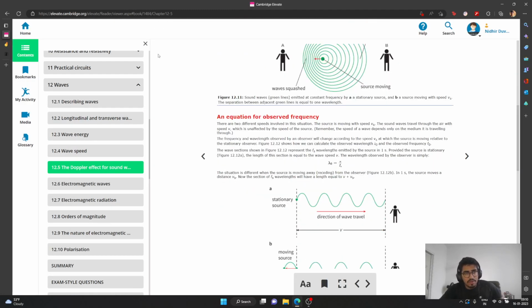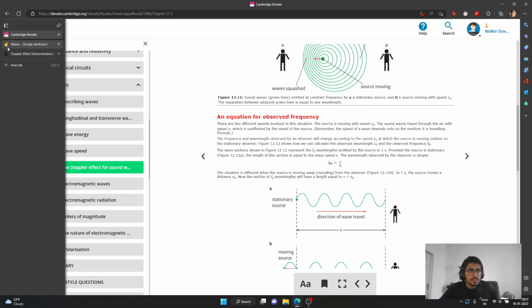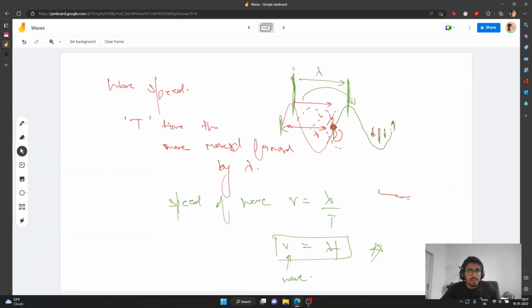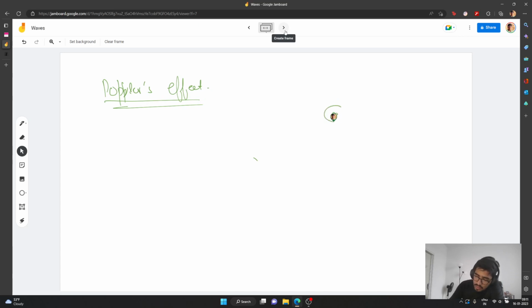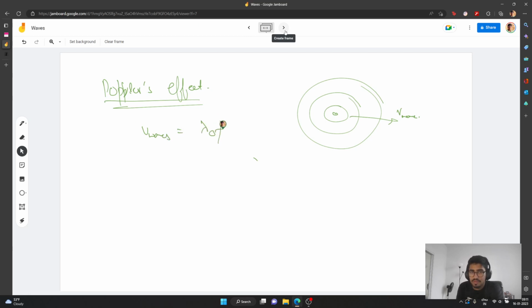In terms of formulas, this is how we talk about it. Say the waves are traveling outwards at a speed v wave, where v wave is equal to lambda times f. We know this lambda naught has changed, so it will become some new lambda.